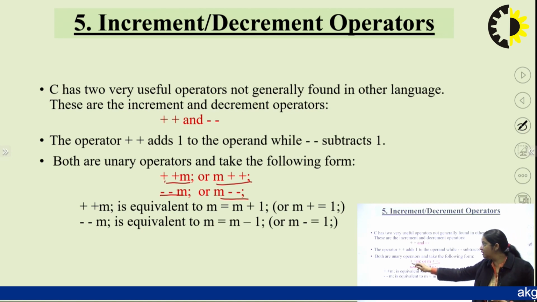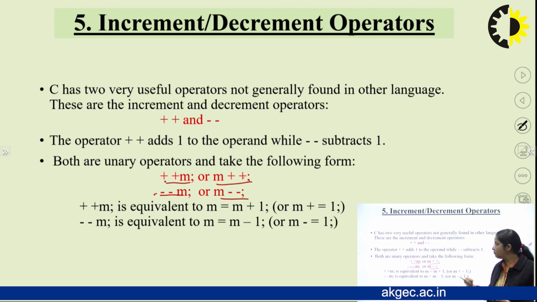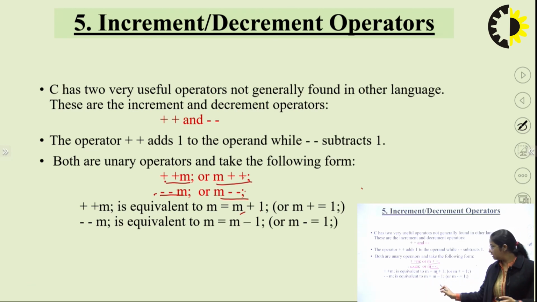This is pre-increment, this is pre-decrement, this is post-increment, this is post-decrement. Both meanings are the same. If you write m plus plus, you are increasing the value by 1. If you write minus minus m, that is equivalent to m minus 1. That means we are decrementing the value by 1.